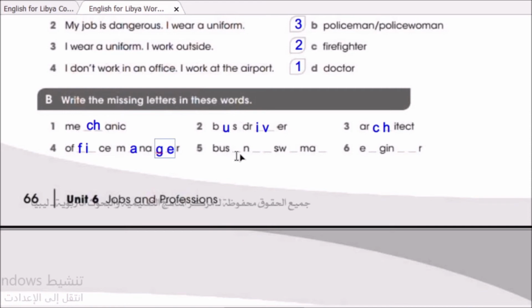We have another word here. So it's, yes, good. So we have a missing I here. Business. Very good. So here we have E, S. So business. Very good. Here, O, woman. Very good. And the last one we have, very good, engineer. So we have double E's here. Very good. Let's move on to the next question.